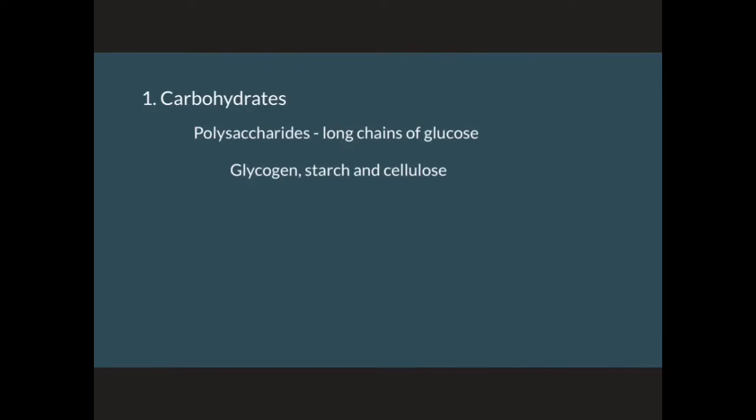Animals can make glycogen while plants have starch and cellulose. It's important to note that the largest molecules of carbohydrates are referred to as polysaccharides, and they can be broken down into their smallest building blocks, which are referred to as monosaccharides or monomers.